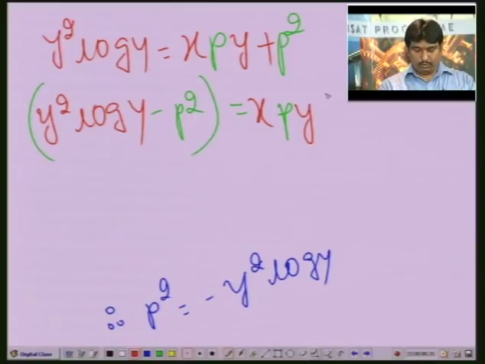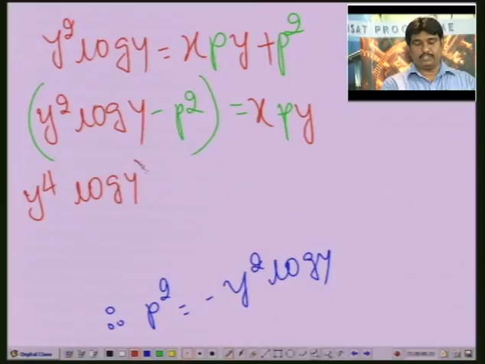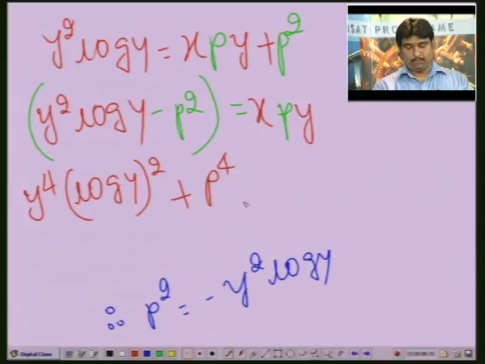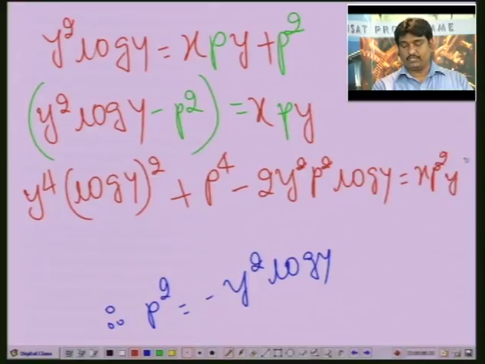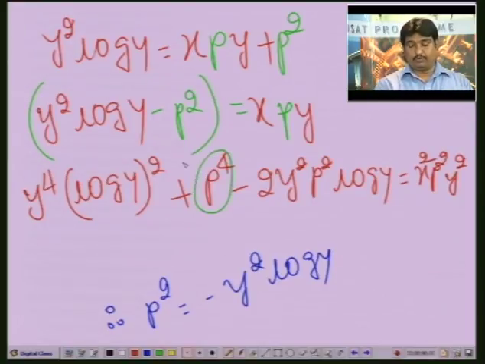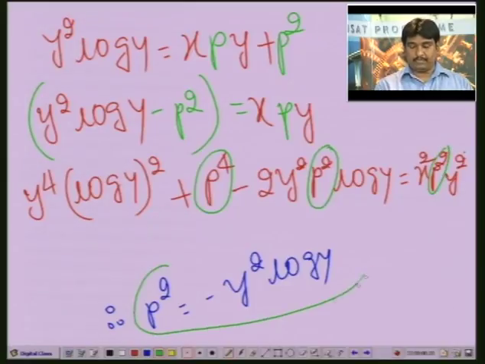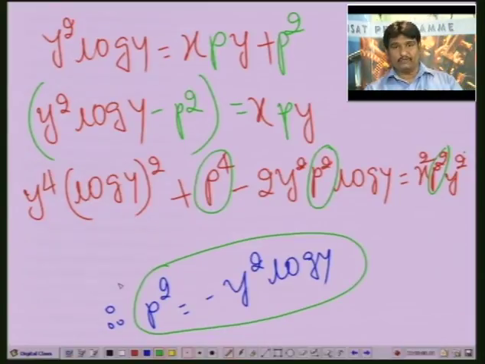If we square it on both sides, we get y to the power of 4 into log y the whole square plus p to the power of 4 minus 2 y square p square log y equals x square p square y square. So everywhere I have even powers of p: p to the power of 4 here, p square here and p square here. So just replace p square by minus y square log y.